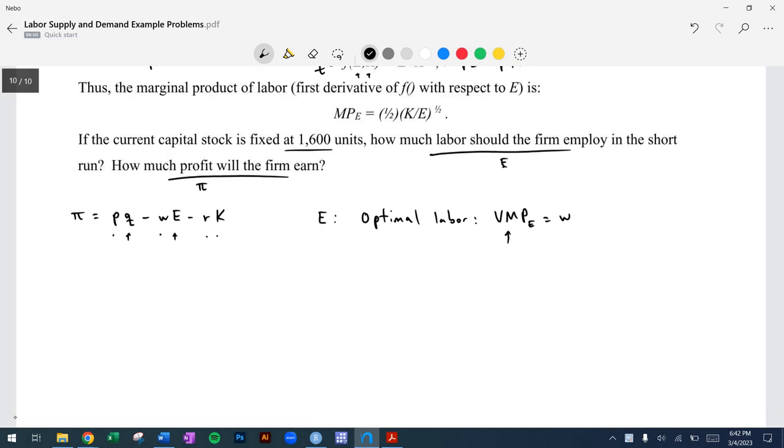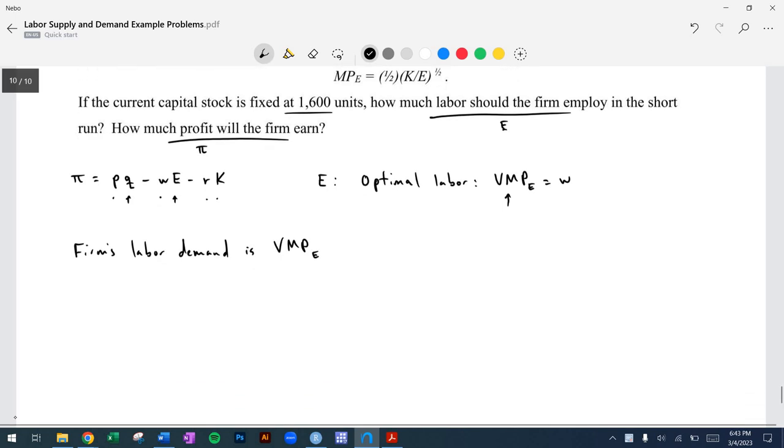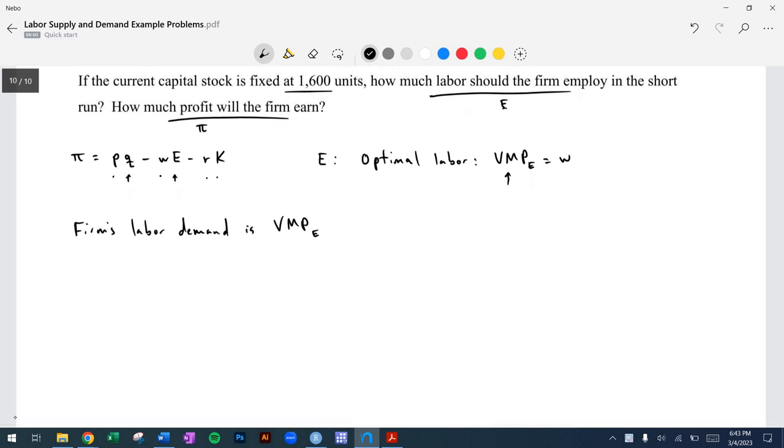So let's also recall that the firm's labor demand is the value of the marginal product of labor. If we get our value of marginal product of labor, then we can plug it into this formula here. Now, value of marginal product of labor, the last bit that we have to recall from the theory.